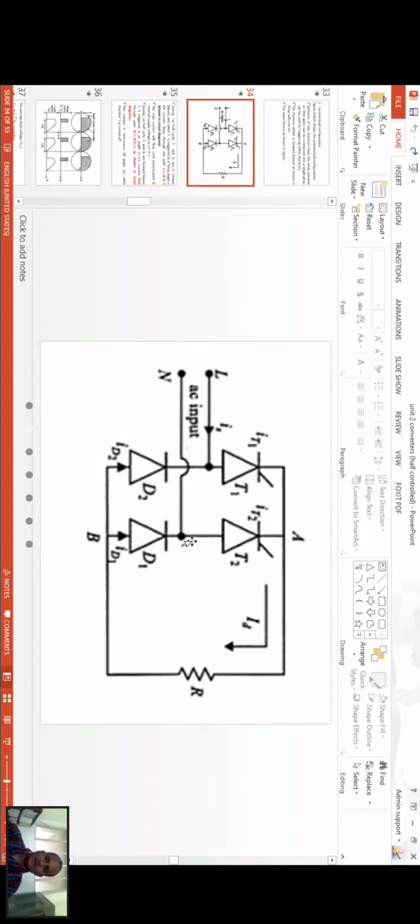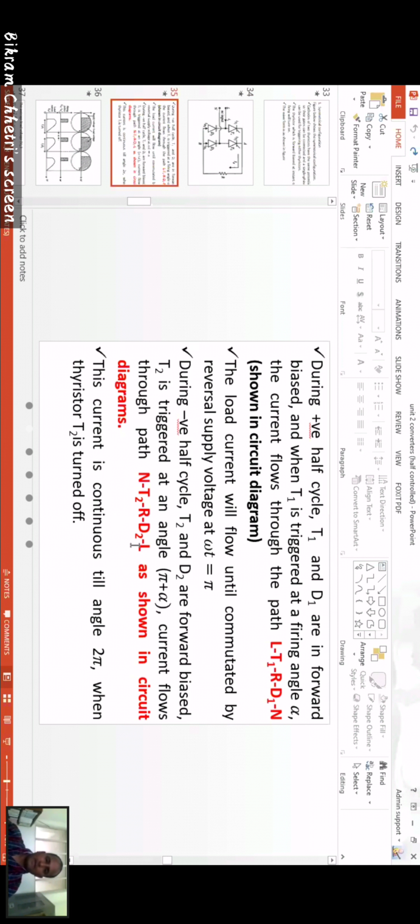So in the second case, how does the current flow?